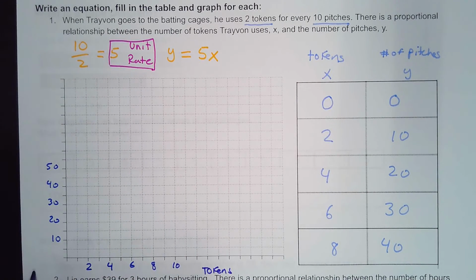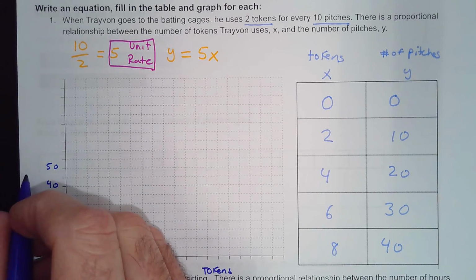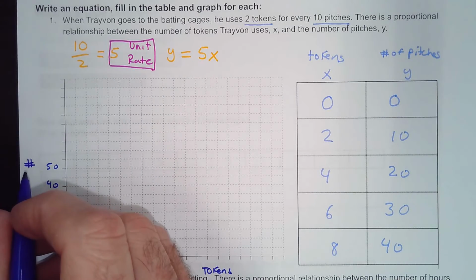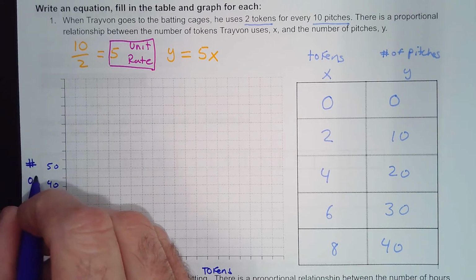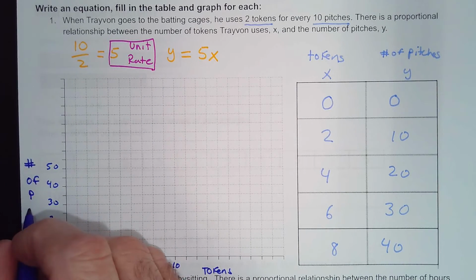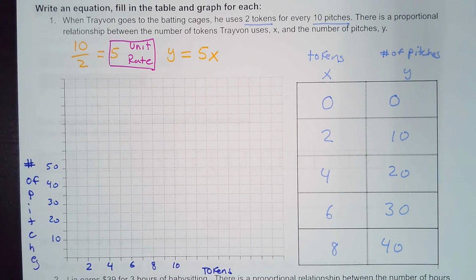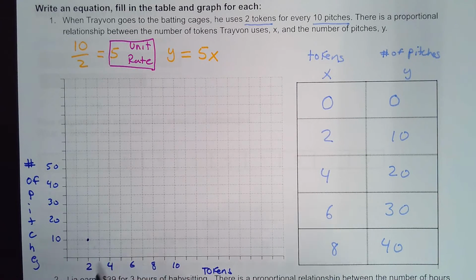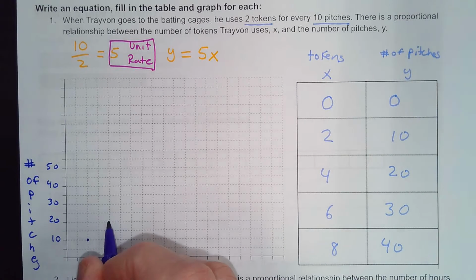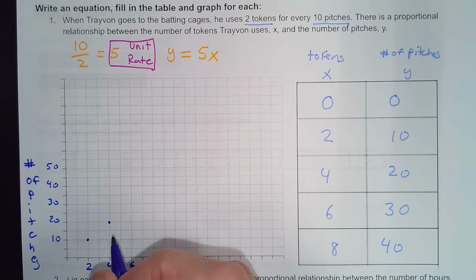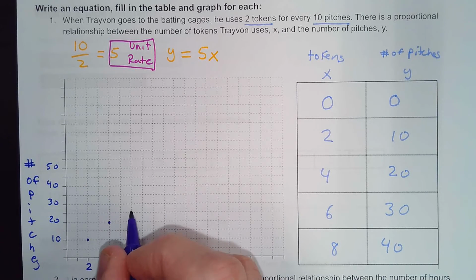and we'll label this number of pitches. So for every 2 tokens, he gets 10 pitches. 2 more, he gets 10 more, or 20 total. 2 more.